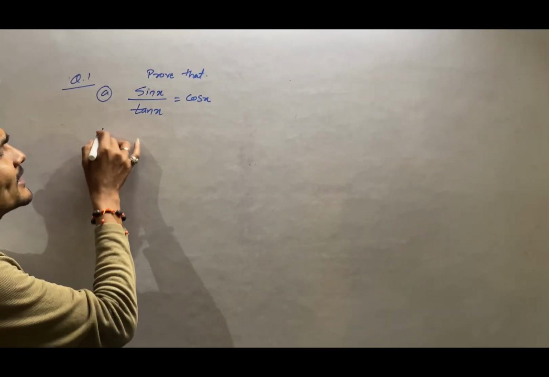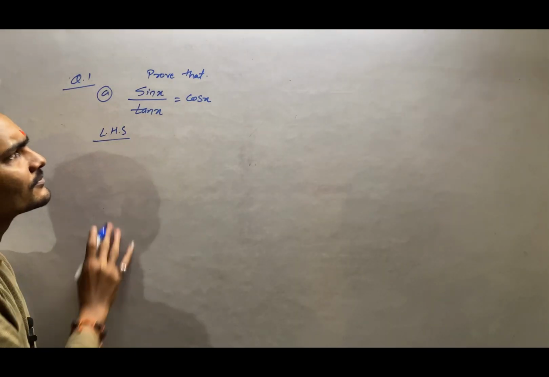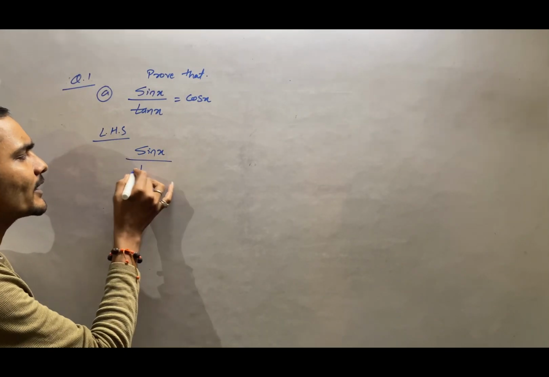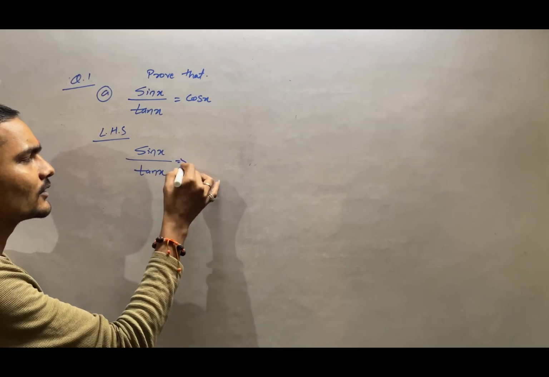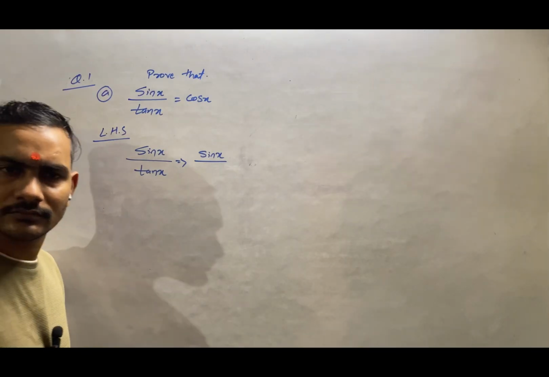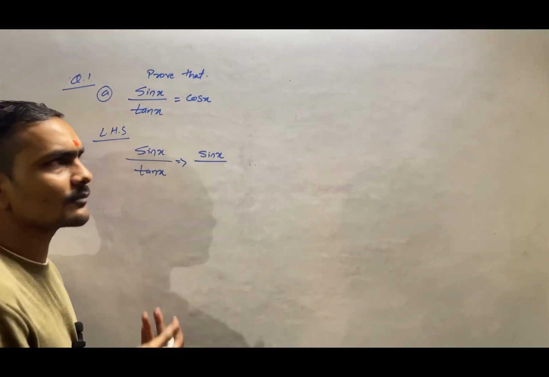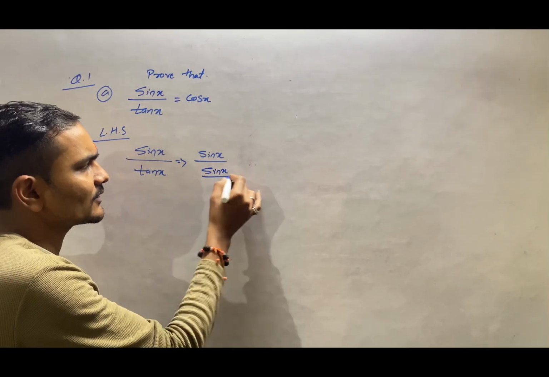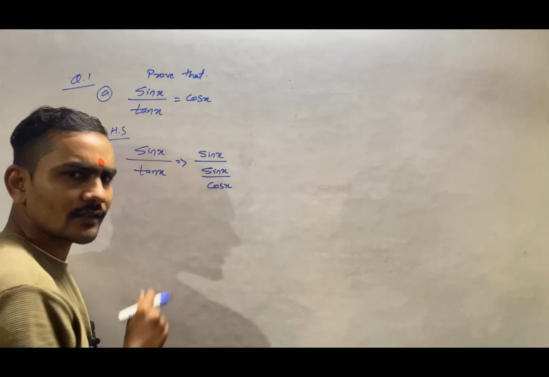So let's take LHS. We have sin x over tan x. So what do we know about tan? Can we write tan in terms of sine or cos? So we can say sin x over cos x, right?